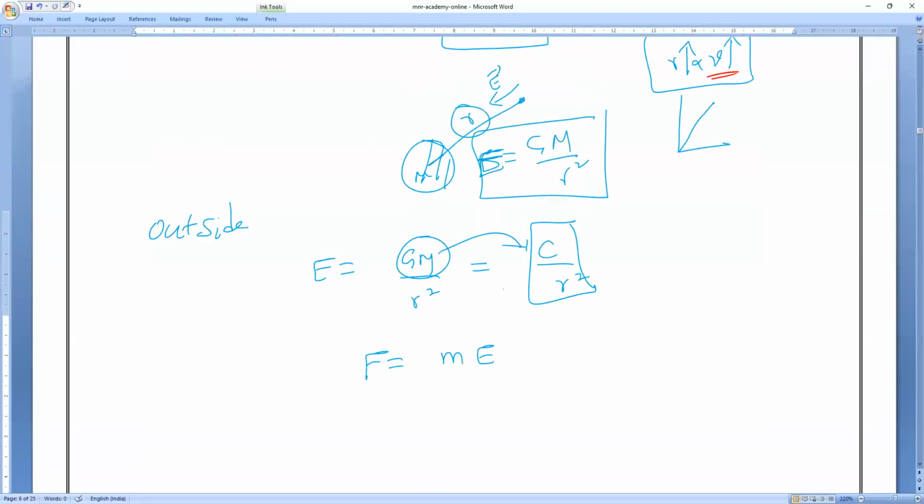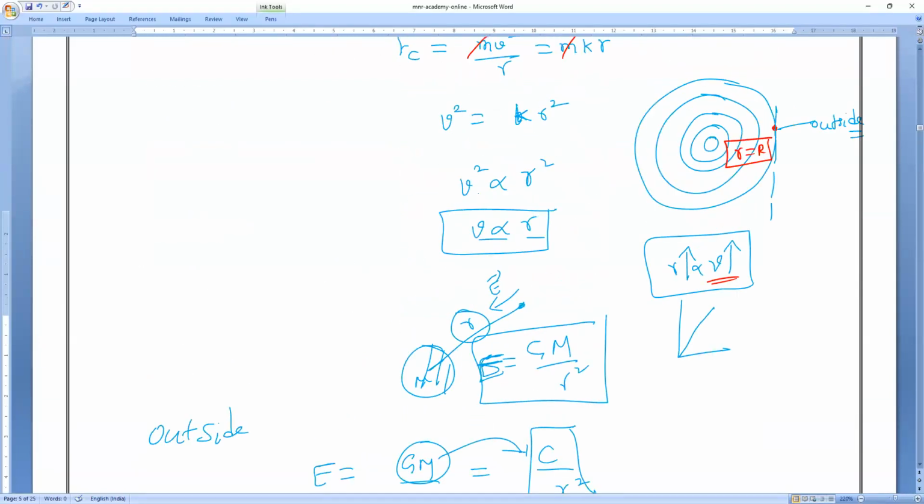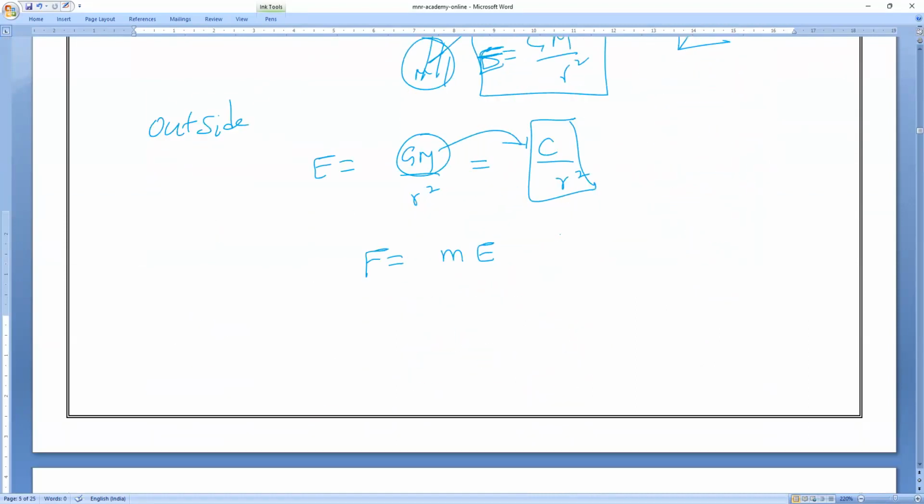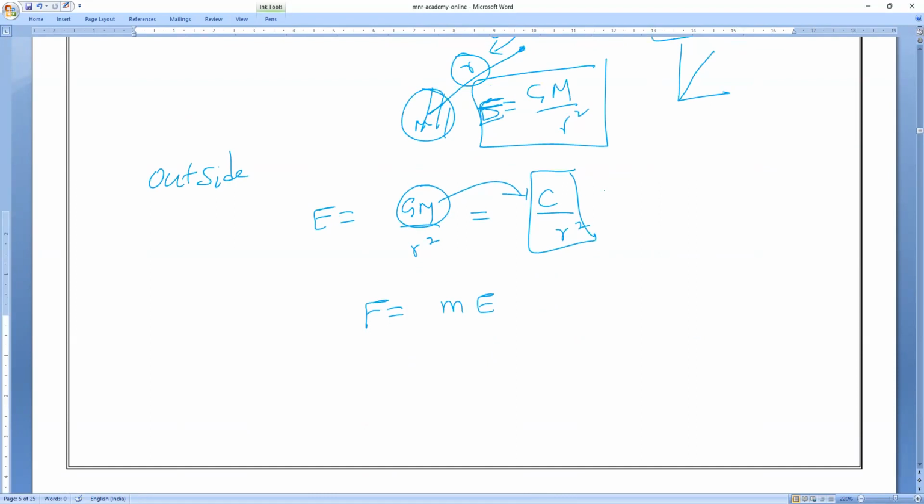Just now we have studied that E is equal to C by R square. Check it, everyone. C means constant, GM. So F is equal to, as we all know, centripetal force MV square by R, and this side, outside, it is M times E, where E is equal to C by R square.